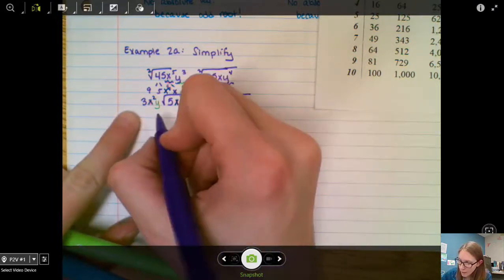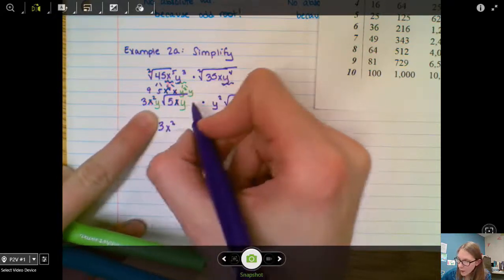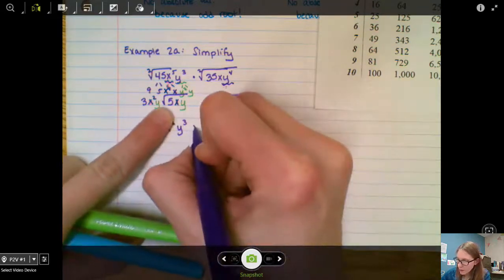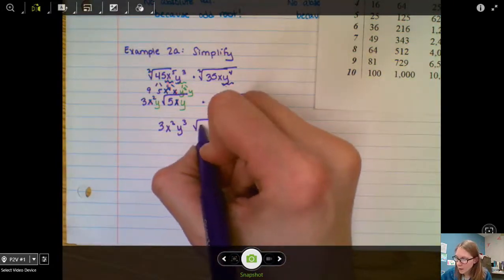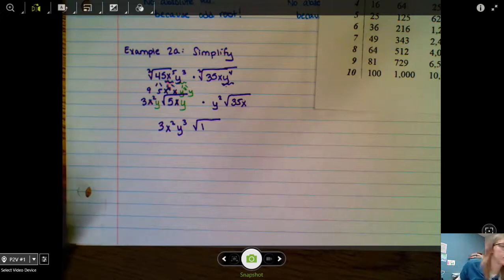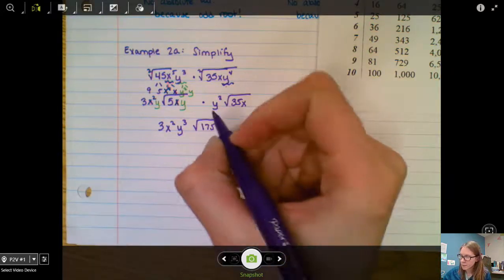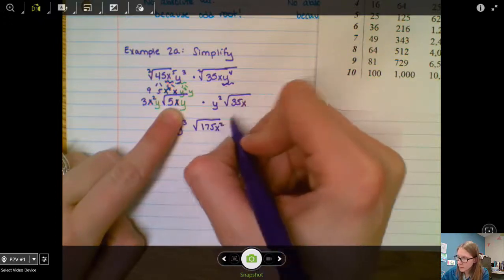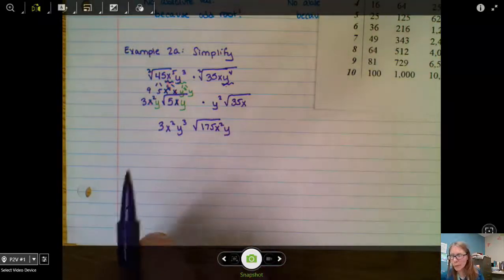And when we do that, that gives me 3x squared y to the 3rd power times the square root of 35 times 5, which is 175, x squared times y. And again, I can simplify a little bit more here.